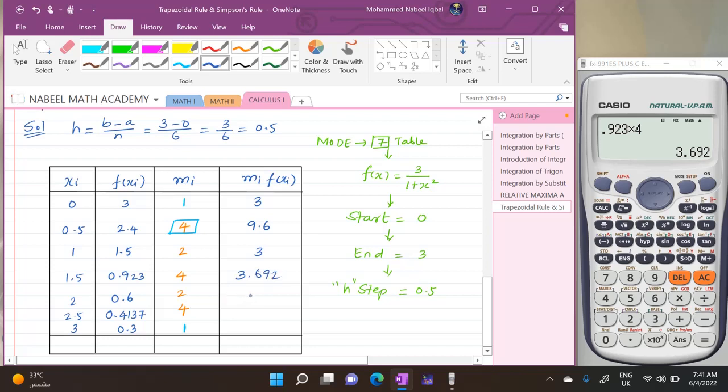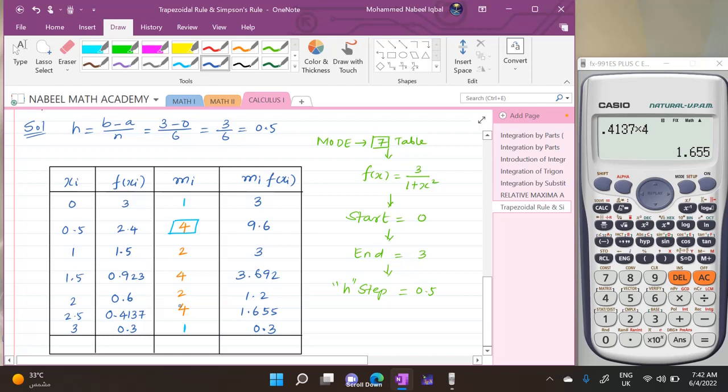When you multiply 0.6 into 2, it is 1.2. Here 0.41375 into 4, so it is 1.655. Now when you multiply with the 1, you will get the same thing.